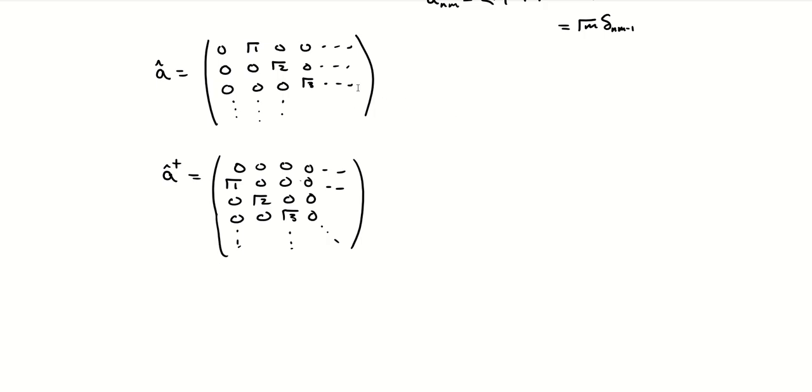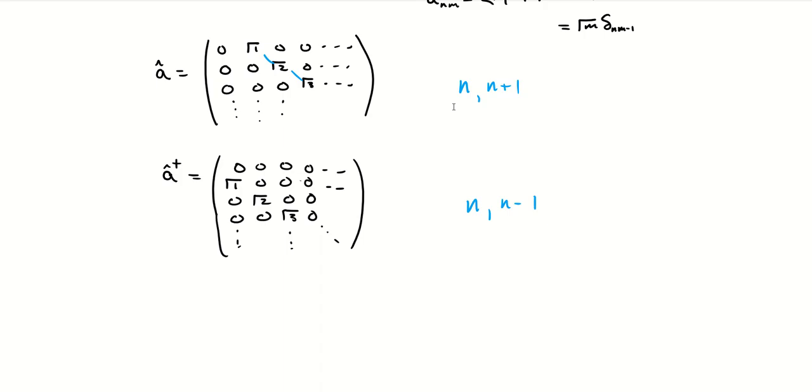One thing you can notice is that in both of these cases we have off-diagonal elements. For the lowering operator they essentially connect the n and the n plus 1 states, and in the other case the n and the n minus 1 states are connected by these off-diagonal elements.